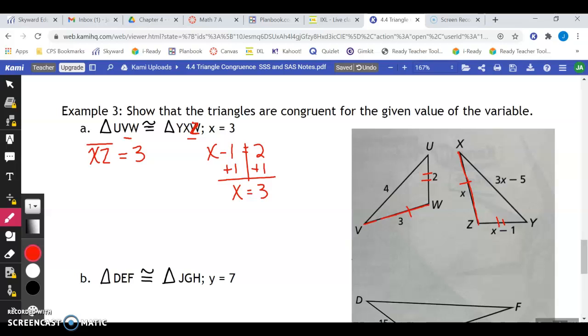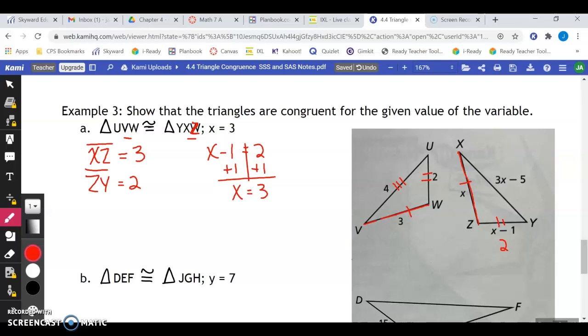But x minus 1 is supposed to be equal to 2, and we knew that x was 3. They told us that. So this side is equal to 2. So ZY is 2.